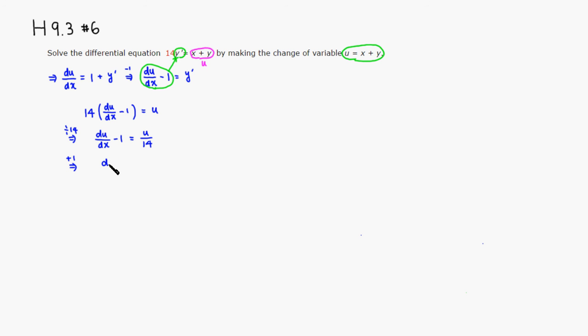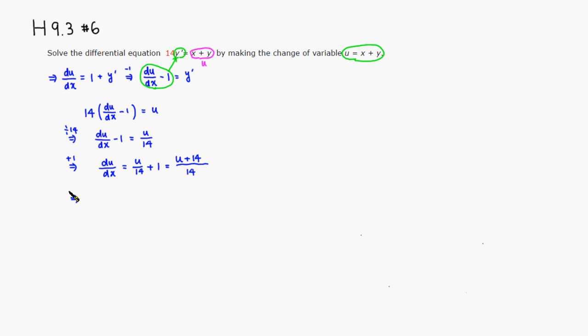So we have du over dx is equal to u over 14 plus 1. By taking the common denominator, we can rewrite it as u plus 14 over 14. So let's separate.